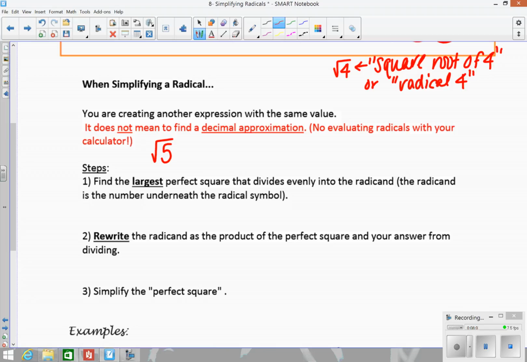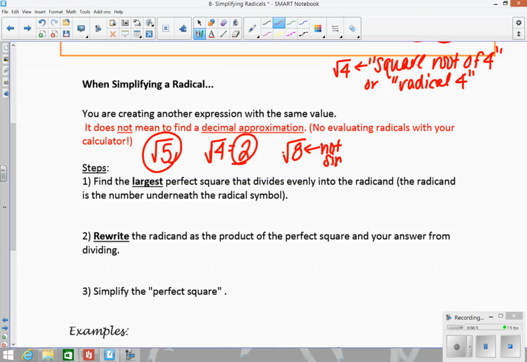We never want to convert these into decimals because that's always an approximation and we always want exact answers. So square root of 5 is completely acceptable. Square root of 4 though, like I said, we would break that down and write it as 2. So this is simplified. This is simplified. This is not simplified.